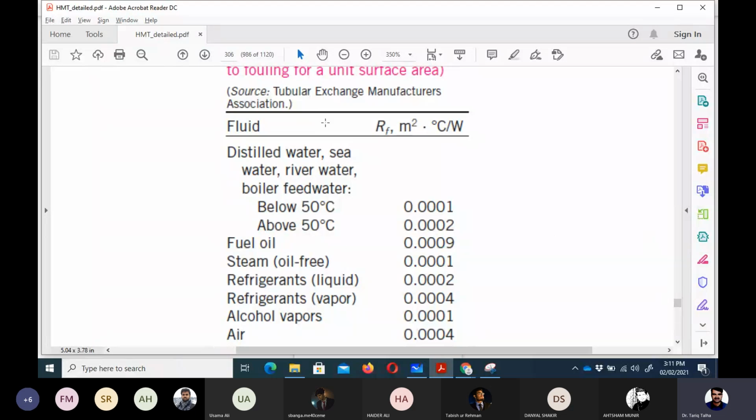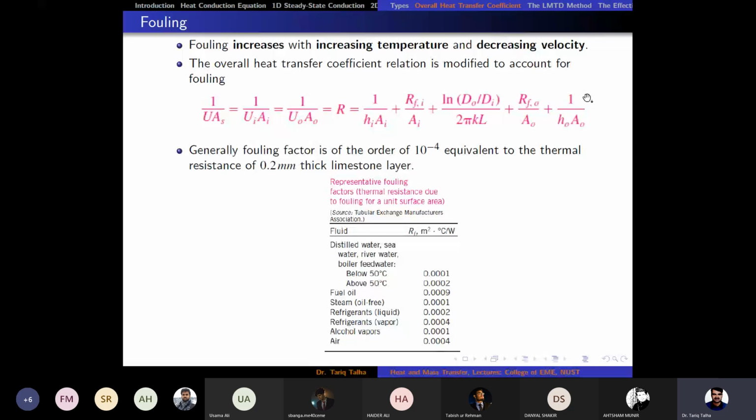And secondly, the point of emphasis here is that this fouling phenomenon happens when the heat exchanger has been in operation for a long duration of time, because the accumulation of any solid or chemical corrosion happens with the passage of time. So it never happens on a new heat exchanger or boiler.